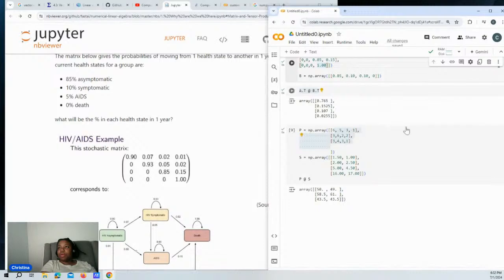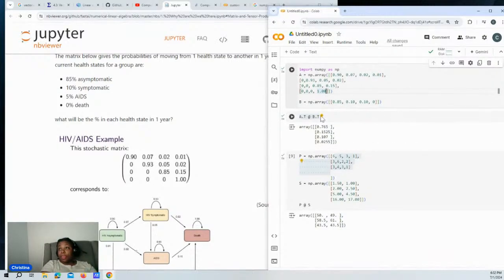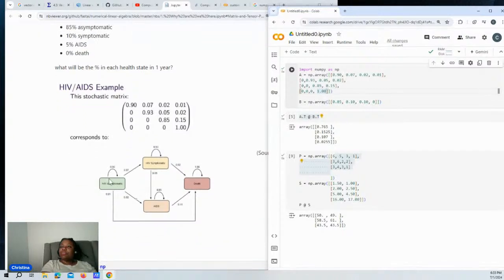So if I did that math on paper, then we'd have 85 times 90, right? Handy dandy calculator for Americans who can't figure out math. Times, yeah, that's 765. And if I do 0.07 times 0.85, and we only want it for staying asymptomatic, so you only really need it for this one.